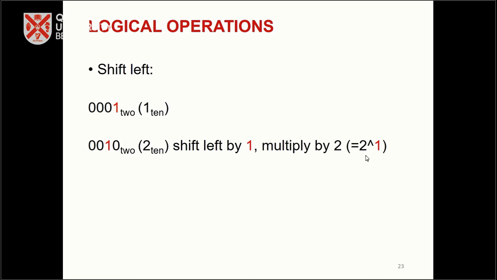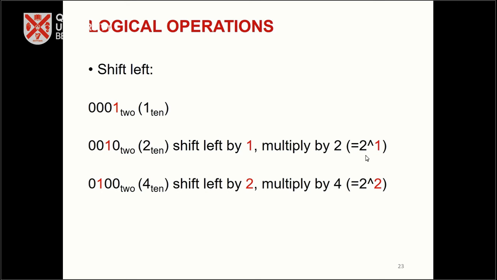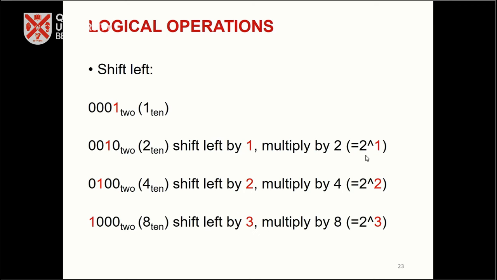So this operation, shift left, is equivalent to a multiplication. If I shift left by 2 instead of by 1, I'm multiplying by 4. And if I do the same by 3, then I'm multiplying by 8. Simple? Clear?